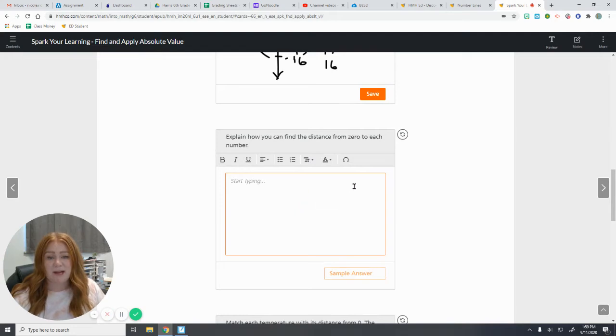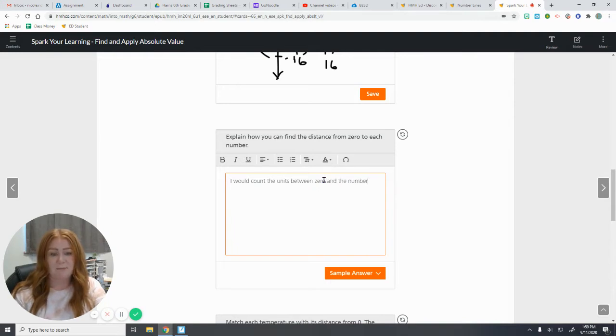So if I were finding the distance from 0 to each number, I would count the units between 0 and the number. The answer will always be positive when talking about distance.